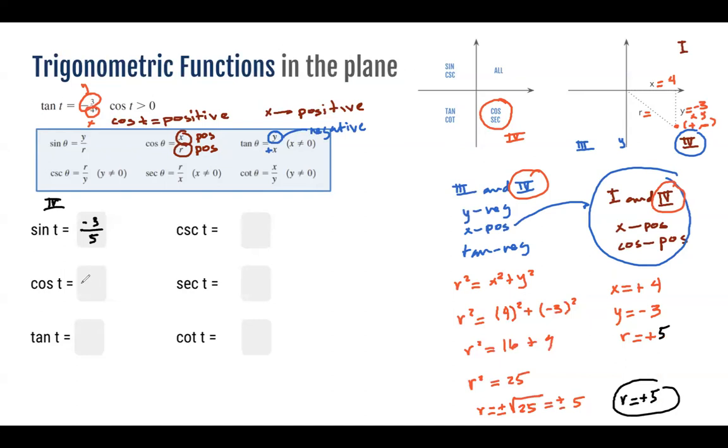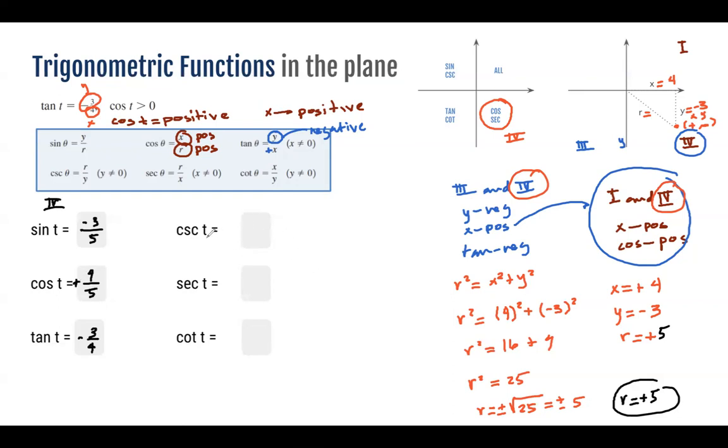Then tangent, which we already know, is minus 3/4. And cosine is x over r, so 4/5. And as I said, it has to be positive.